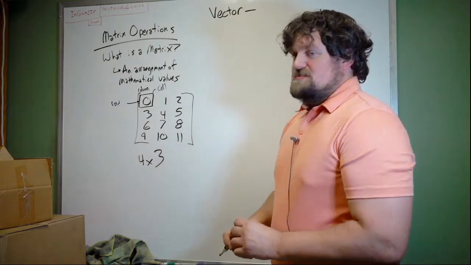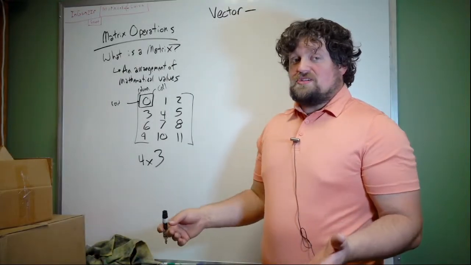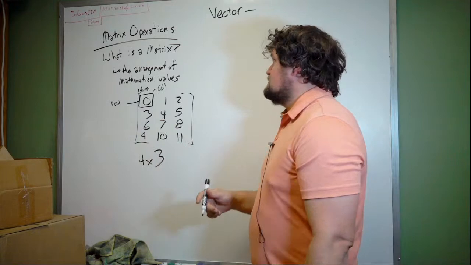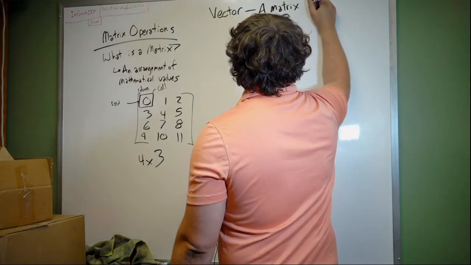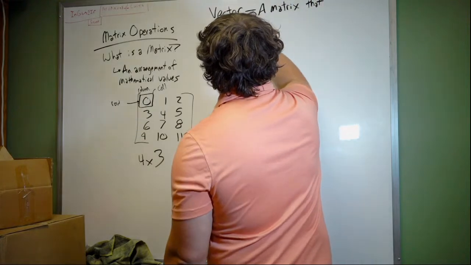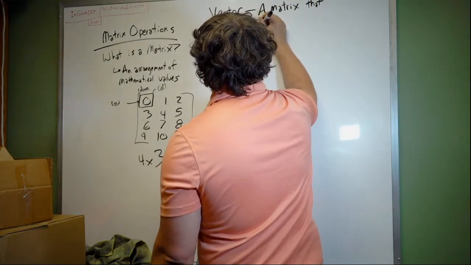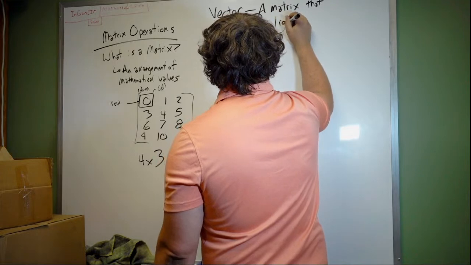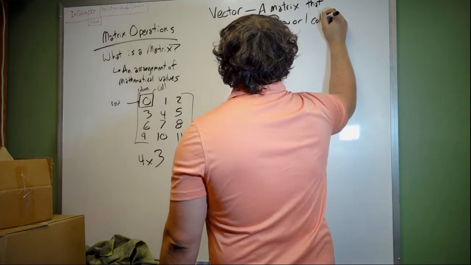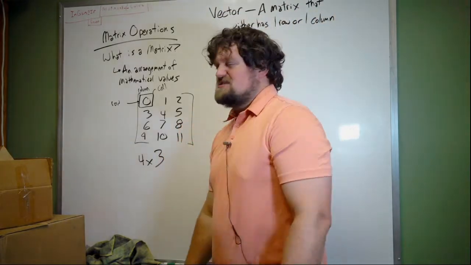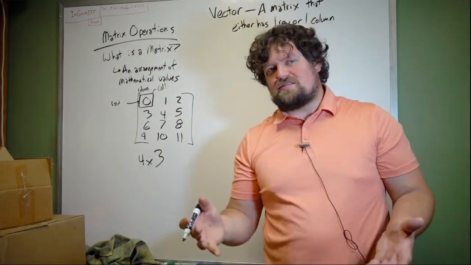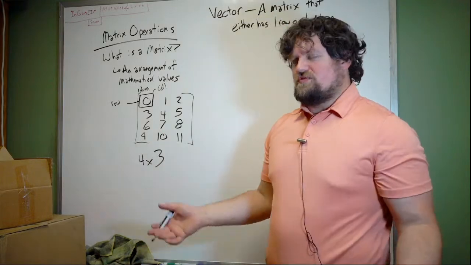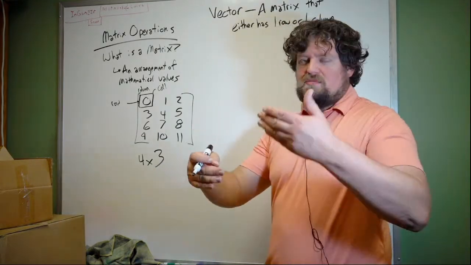What a vector is, is a matrix that only has one dimension. And so it's just a special version of a matrix. Technically, you can consider a scalar value to be a special version of a matrix that only has one column and one row.